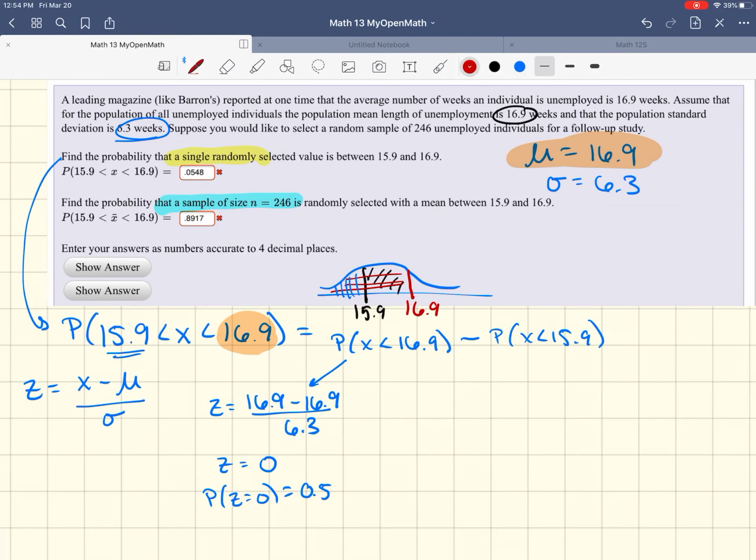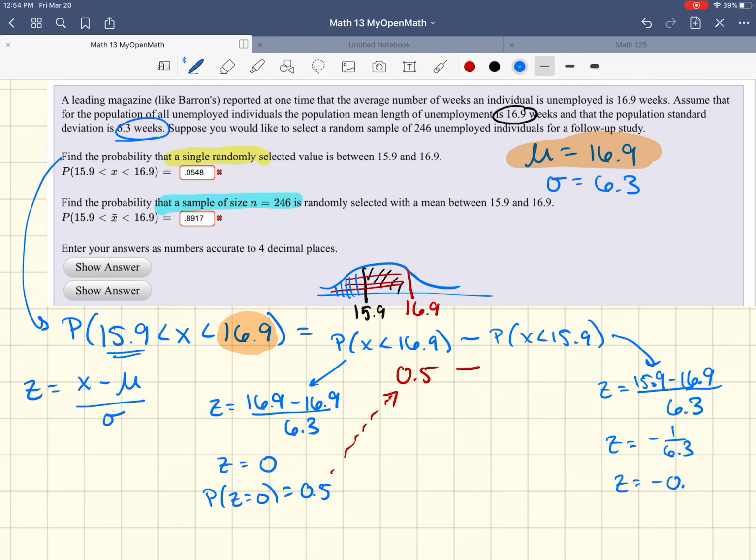Okay, second one. Let's find this. For this one, again, z equals 15.9 minus 16.9 over the standard deviation, 6.3. So that's going to give us negative 1 over 6.3.